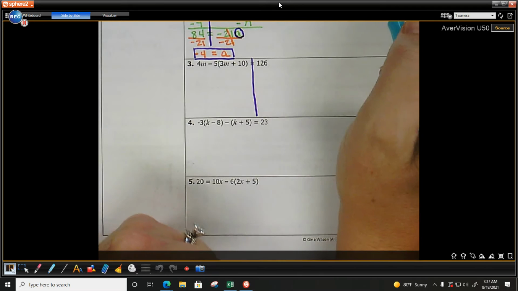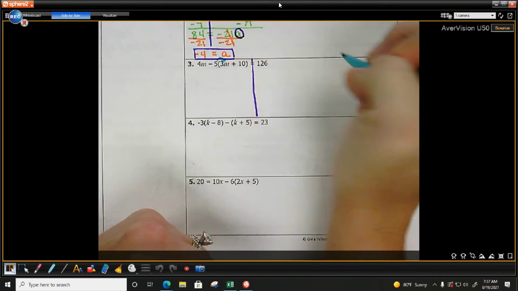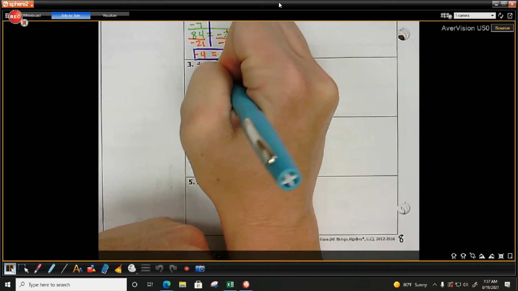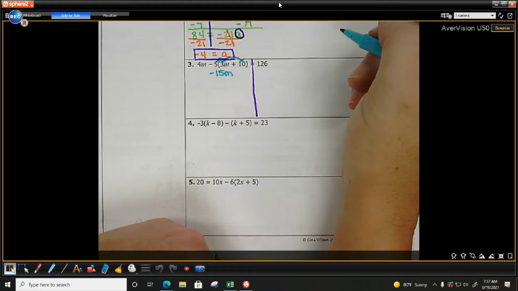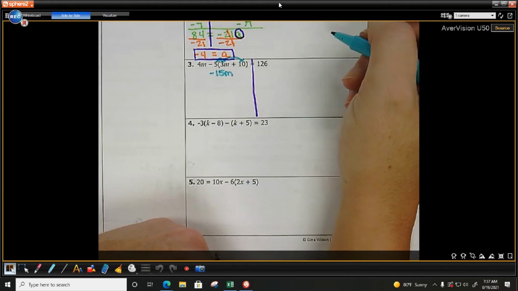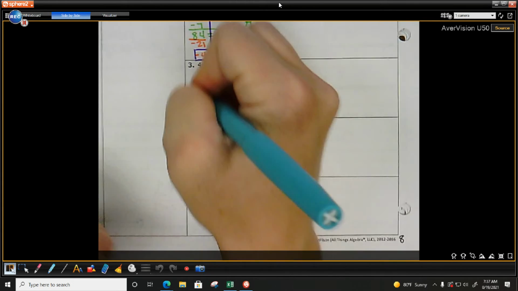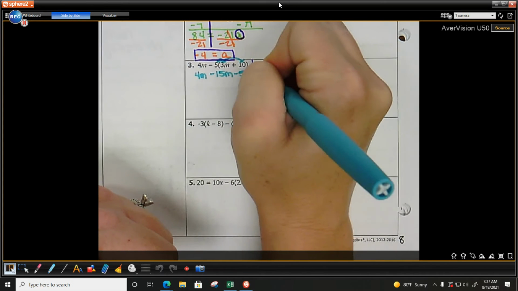What's glued to the parentheses? The negative 5. Very good. So what's negative 5 times 3m? And what's negative 5 times positive 10? Negative 50. I'm just going to drop my 4m down in the front and drop down my equals 126.